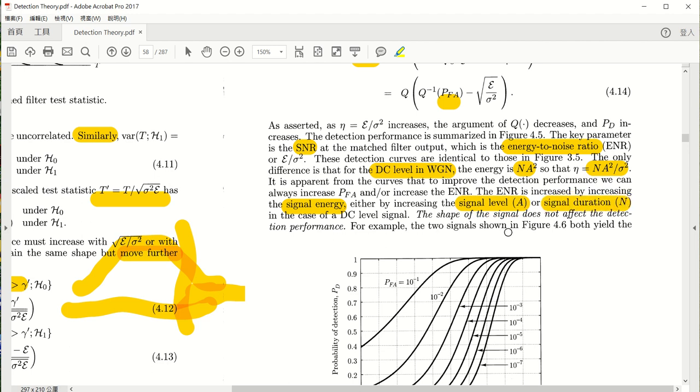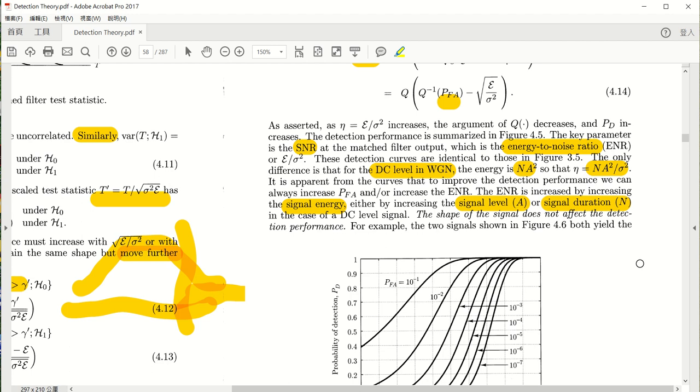That is consistent and understandable, right? Think about it. In the DC level problem, if your DC level is very high, then you can expect the performance to be better, right? Or the other thing is if you increase the time, which is the signal duration, right?